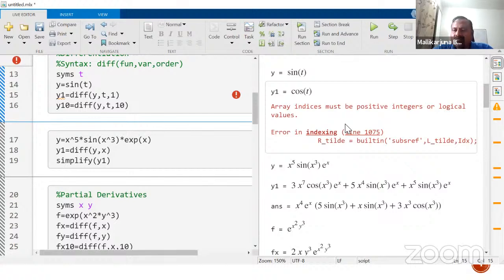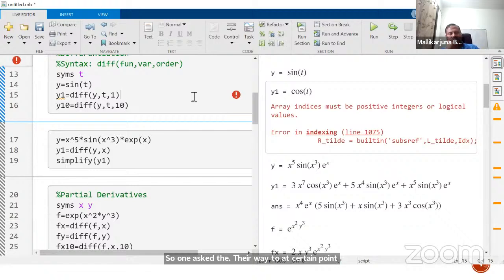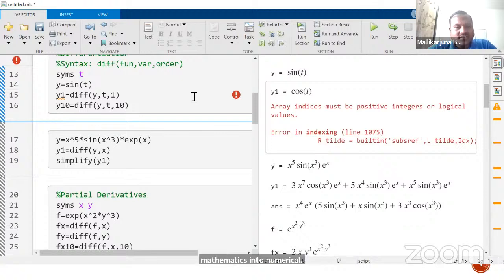How to find limits of 2? No, that is clarified. Someone asked about the derivative at a certain point, right? Actually, this is symbolic mathematics, right? You convert the symbolic mathematics into a numerical function, then you can find that directly; it is not possible.